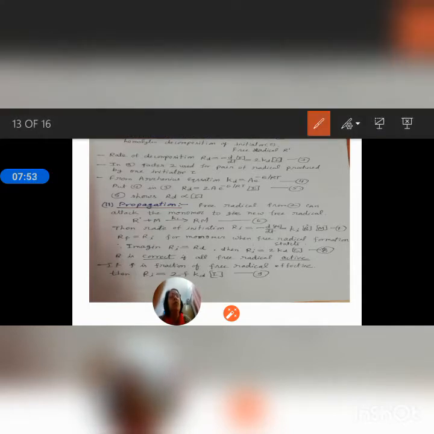As we already know, chain length is actually the efficiency of any reaction, how much energy or quanta is converted into product formation.